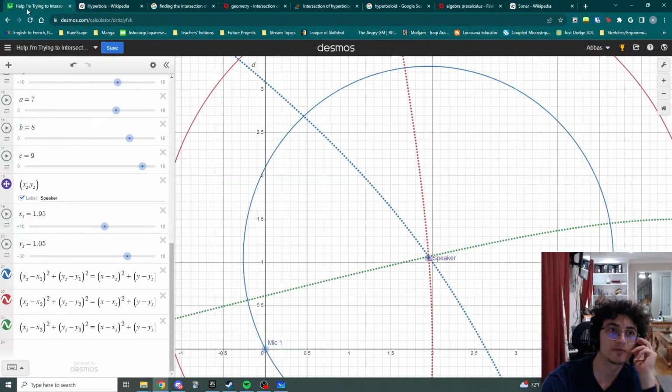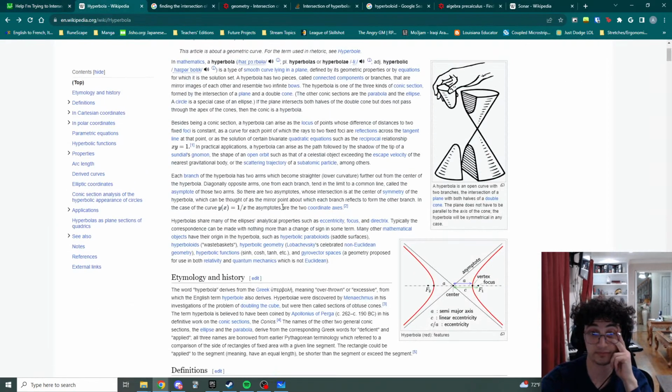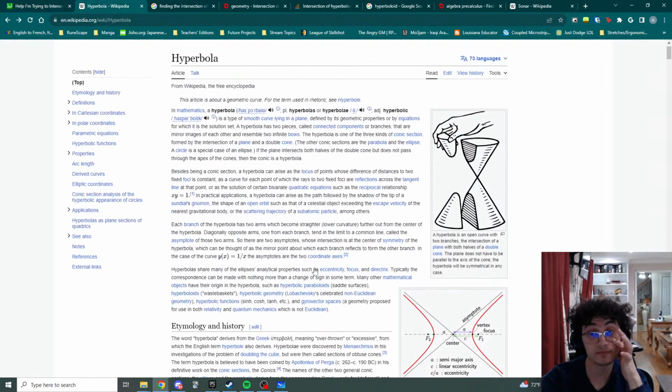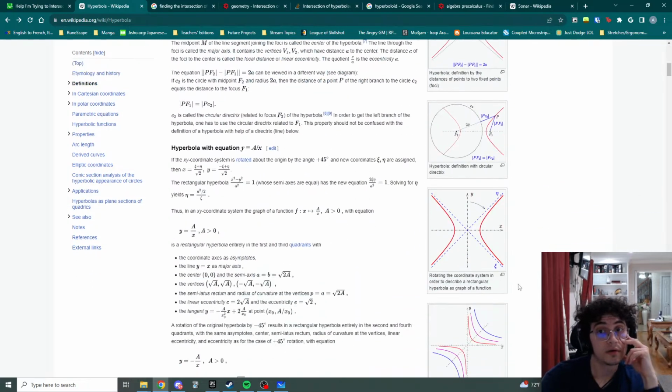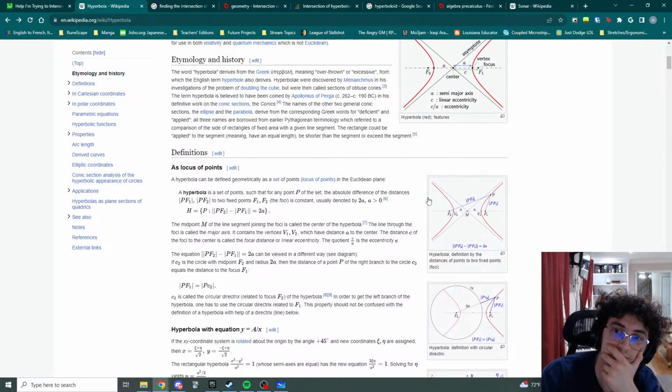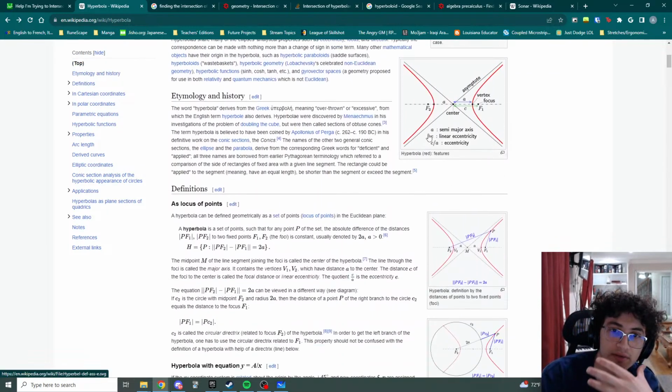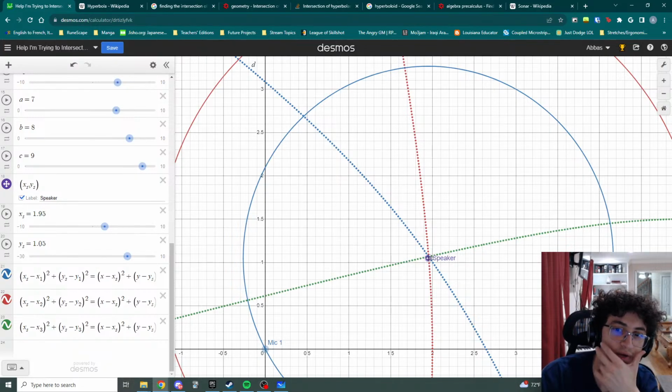I'm accidentally re-deriving ancient Greek mathematics. It's crazy to me that people were able to think about these things without such a powerful tool like Desmos.